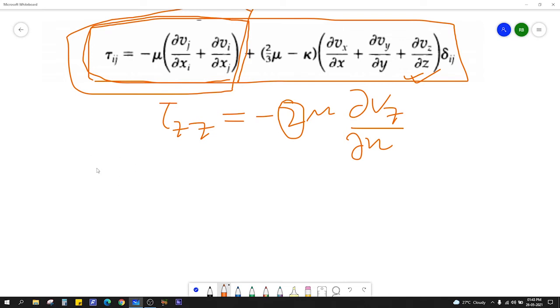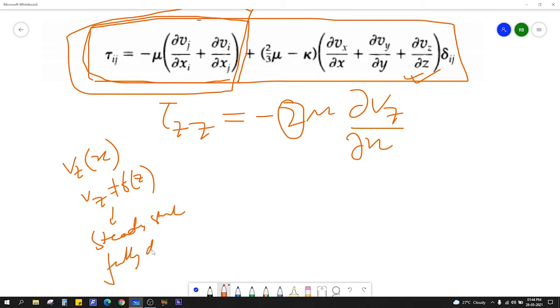So if you remember, in the falling film problem, the velocity profile was a function of x, right? It was not a function of z, because we were studying steady state, or fully developed flow.